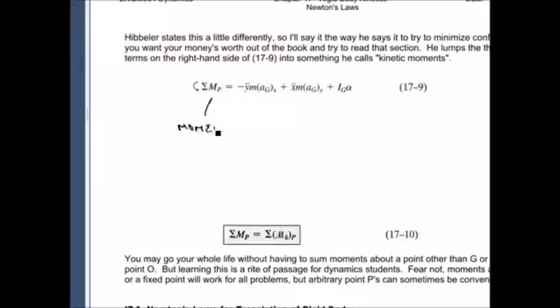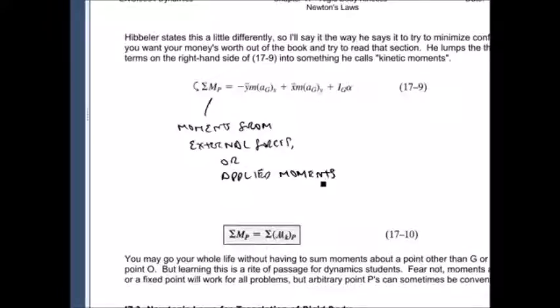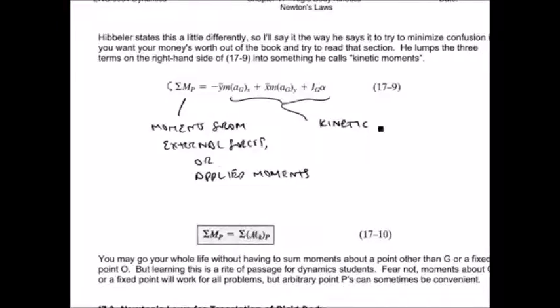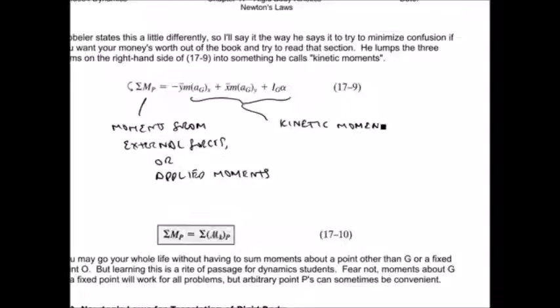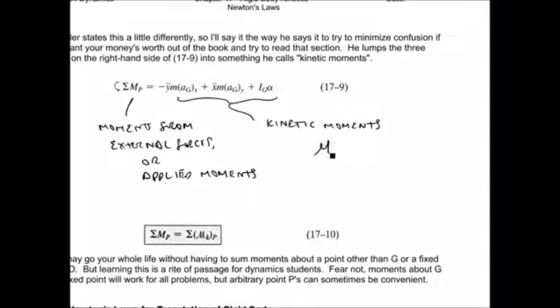So I say the sum of the moments about P, including the moments due to the inertial forces, all equals Ig alpha. What Hibbeler does is he says the sum of the moments about P, computed in the usual way, moments from external forces or applied moments, equals Ig alpha plus the y bar m a_gx and the x bar m a_gy terms just brought over to the right hand side of the equation.